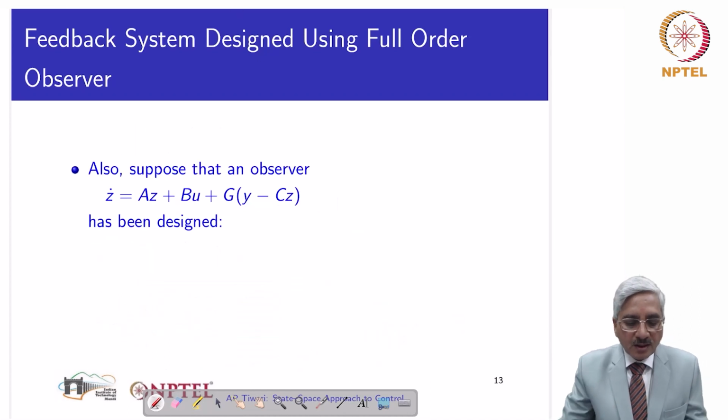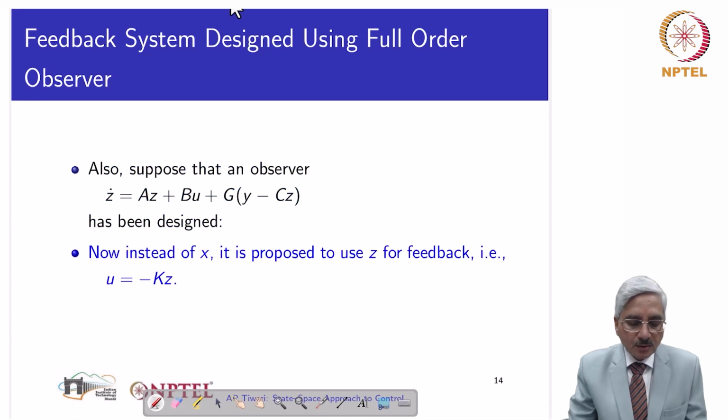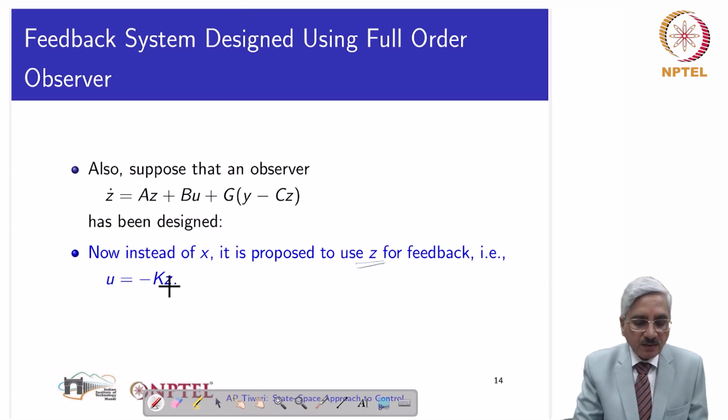However, we don't have the states for feedback. So we designed an observer. Now we will consider the reduced order observer a little later. Let us first consider the situation with the full order observer. We have this observer equation in which we have obtained a G, and we want to control the system by feeding z in place of x.